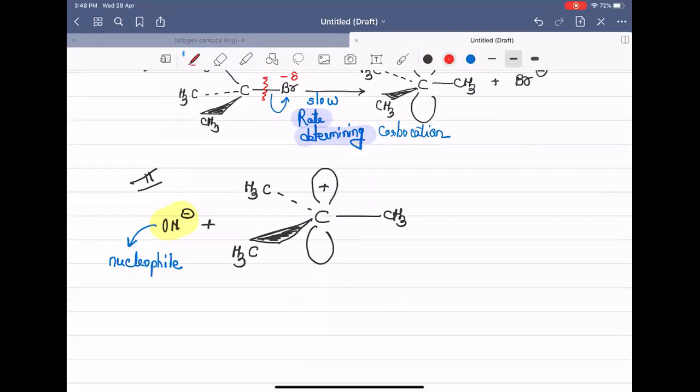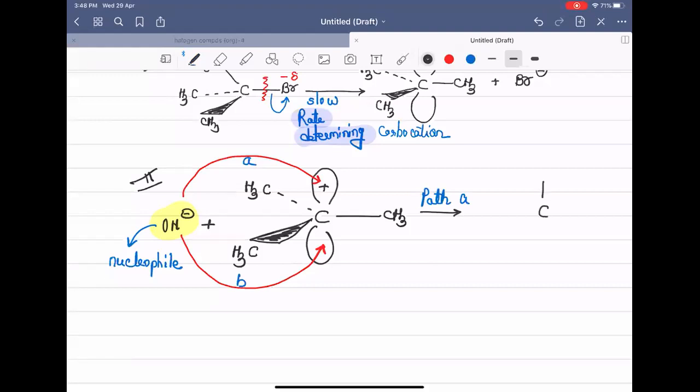And there are two different ways in which it attacks the molecule. It can either attack like this, or it can attack like this, right? Let us call this path A, and let us call this path B. So if path A occurs, in that case, the molecule would be like this.